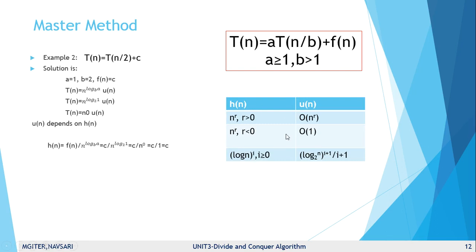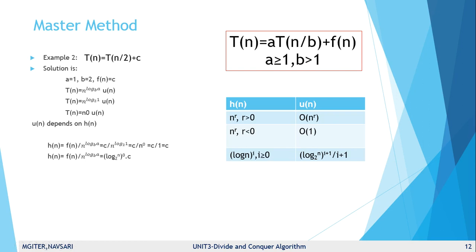Here we find the value of U(n) related to the h(n) value. So here some constant has arrived, so the first two cases are not met. We find the solution using the third case. So we write that h(n) is equal to log base 2 n raised to 0 into c.